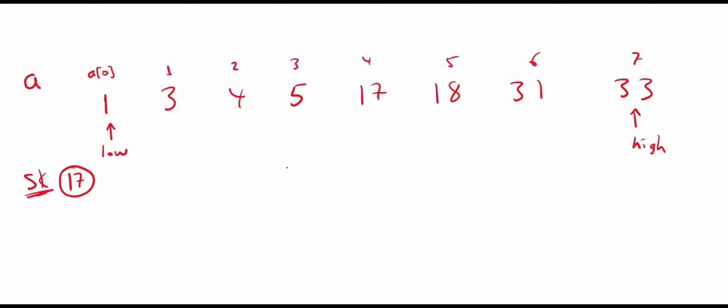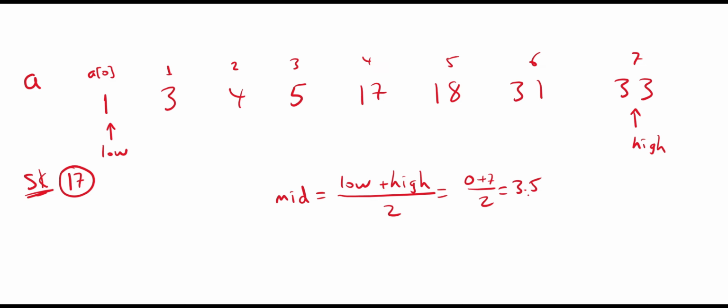In this first step, it finds the midpoint of this sequence. It is low plus high over 2. According to the sample sequence, the first mid is 0 plus 7 over 2, which is equal to 3.5.